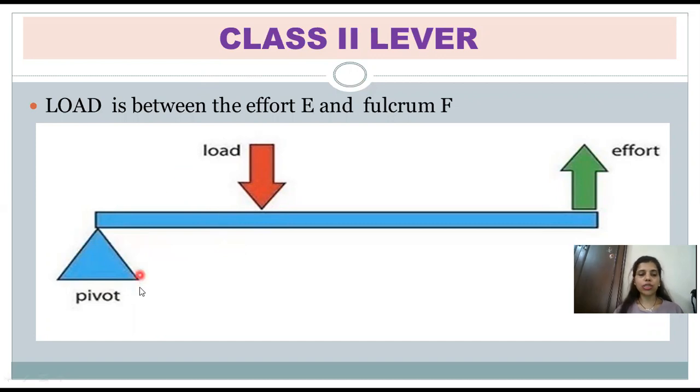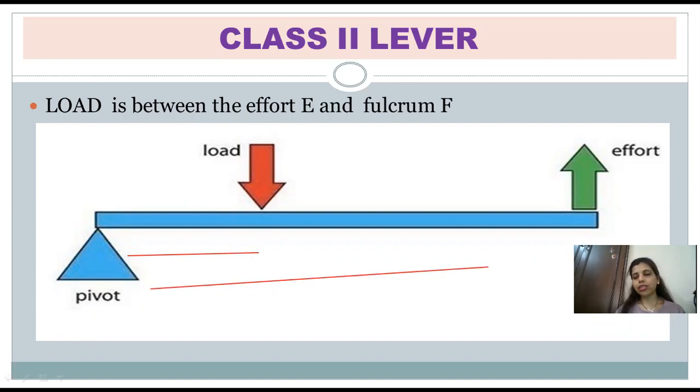So the load arm is from the fulcrum, that is the pivot. Even for fulcrum, the word pivot is allowed. So from the pivot to the load is the load arm, and from the pivot to the effort, till here, is the effort arm.